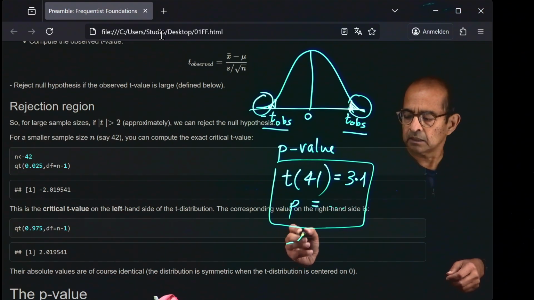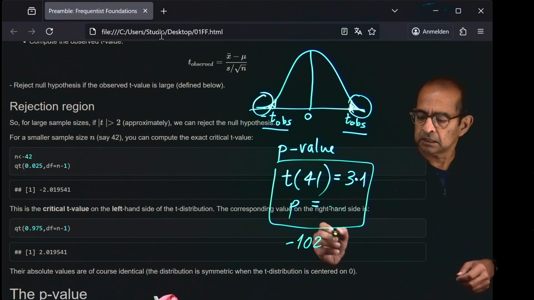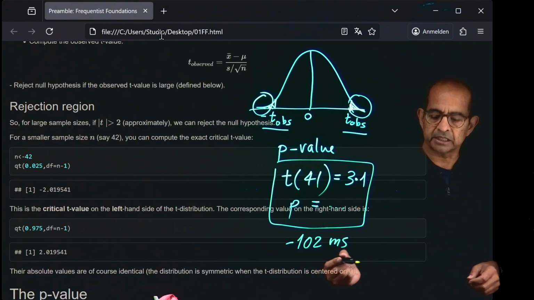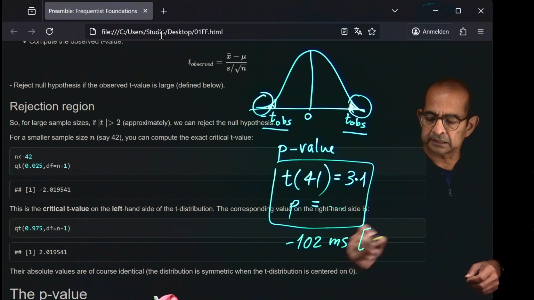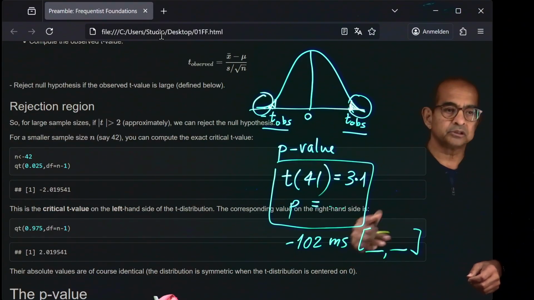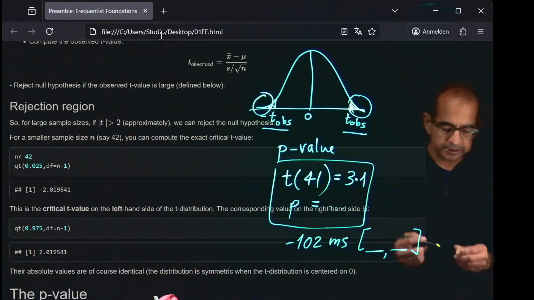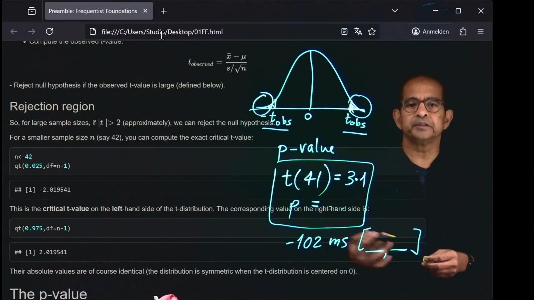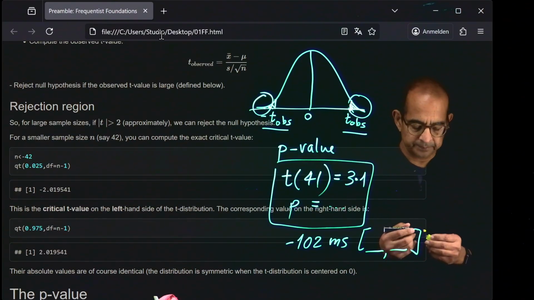So let's say it's minus 102 milliseconds, and that would be the difference in means between the two conditions, right? Subject minus object relative, and then 95% confidence interval. So those two bounds would tell you the range of the 95% confidence interval.